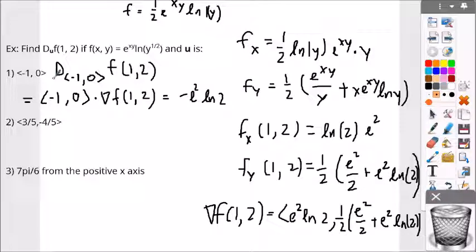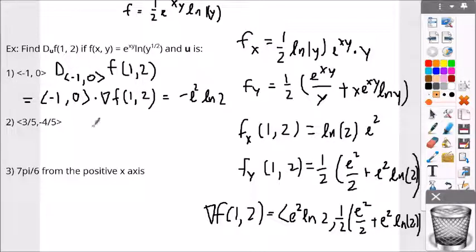If you're going in the positive x direction, for every one you move in the x direction, you're moving up by e squared natural log 2. That's f sub x. That's the definition. For every 1 you move in the x direction, you're increasing your height by e squared natural log 2. Now if you're moving negative 1 in the x direction, then you're decreasing your height by e squared natural log 2. That makes sense, right?